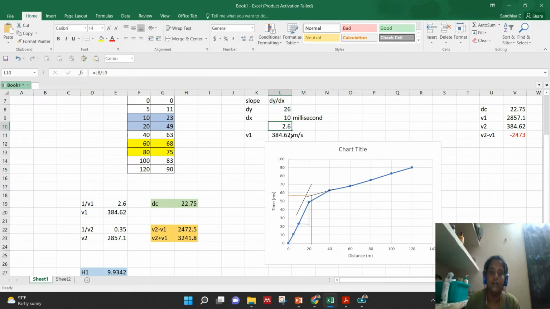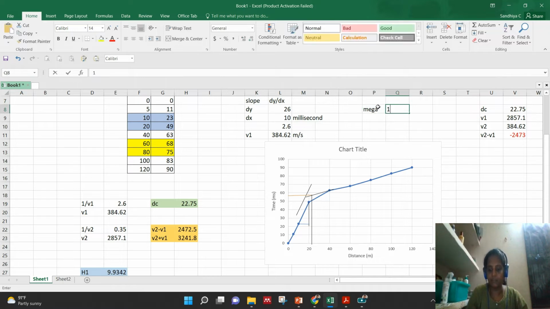Now this dx, which is in the denominator, is in millisecond. I am converting this millisecond into meter. Tell me, 1 meter is how many millimeters? Mega means 10 power minus 6, giga means 10 power minus 9.